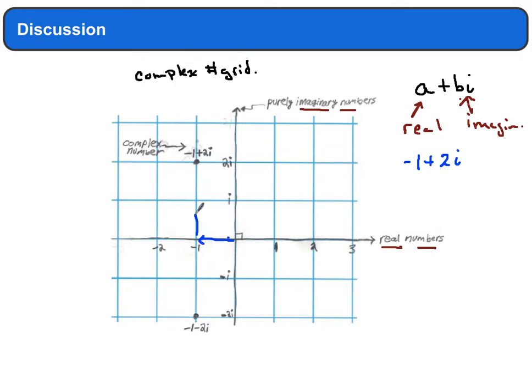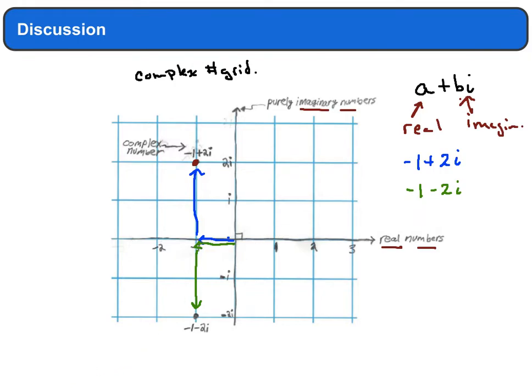And then we go up to positive 2i for the imaginary axis. And then we plot our point. Same reason if I was to look at this one right here. -1 minus 2i. So again, here's our real part. So we would travel 1 unit to the left, and then we would go down 2 units.